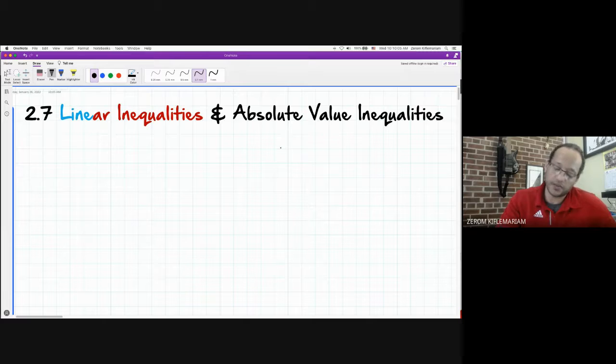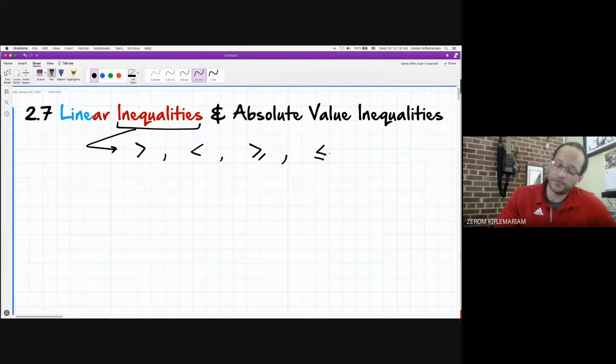What are the answers that we are looking at? When we are looking at inequalities, we are referring to the greater than sign, less than sign, greater than or equal to, or less than or equal to. I know it's a silly way of reminding everybody what you learned in elementary school.